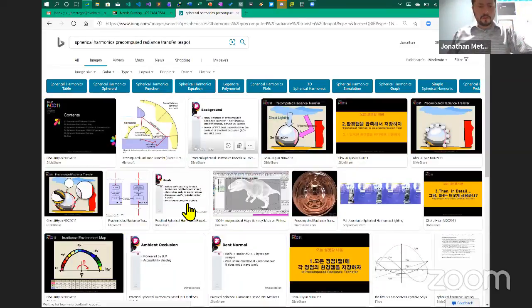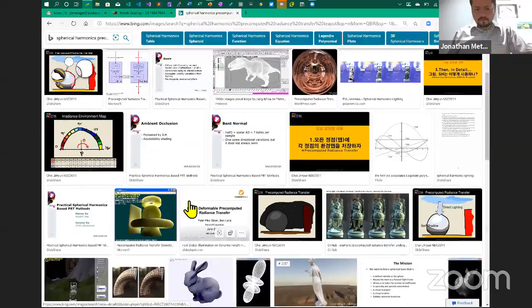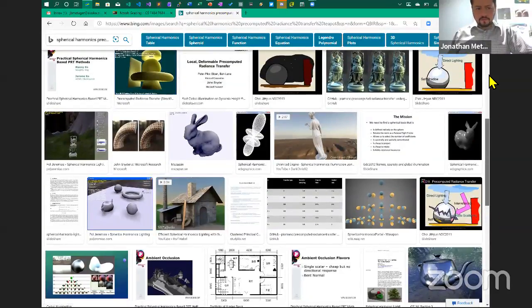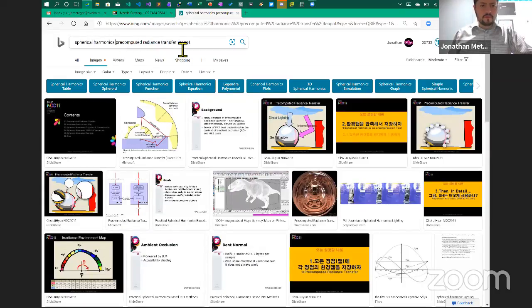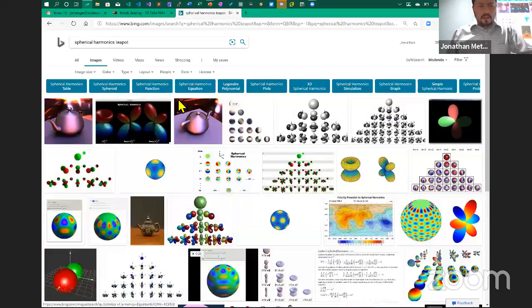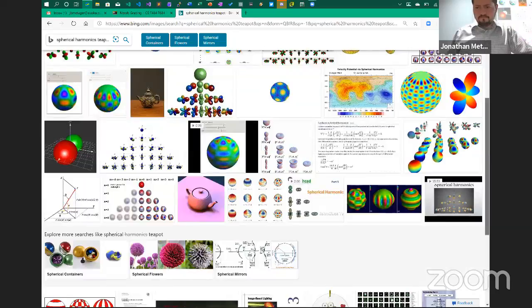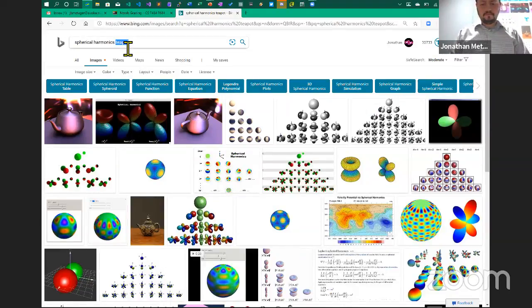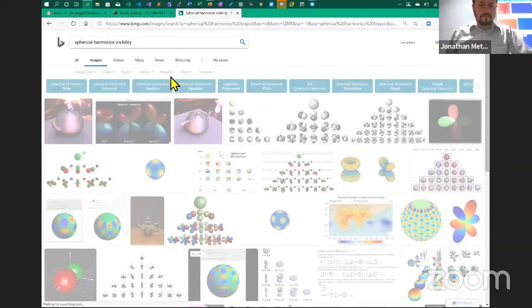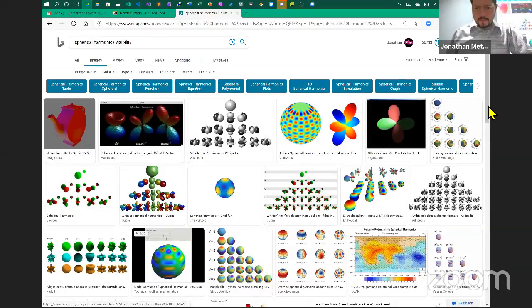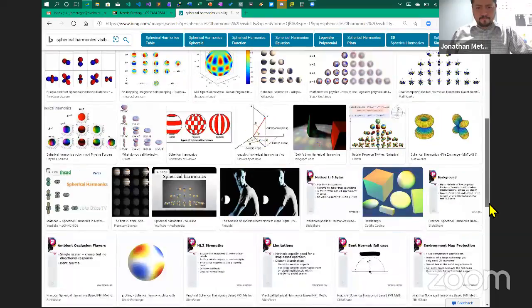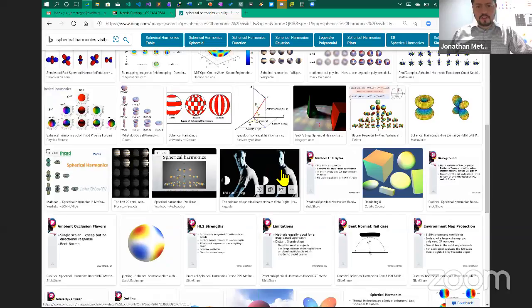Maybe it's smart enough to know I'm looking for a teapot. There's the spherical harmonics with Wedded Digital.